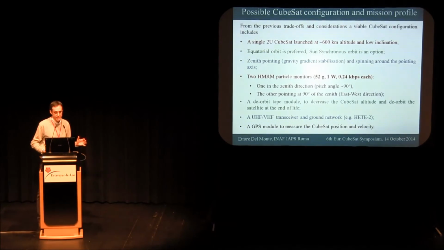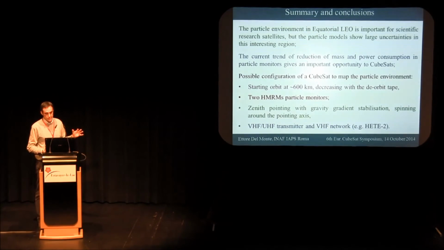We may put one in the zenith direction and the other one at 90 degrees. We can use the tape in order to decrease the altitude and also to deorbit the satellite at the end of life. And a UHF/VHF transceiver and network for downlink and control, and finally a GPS module to measure the position and velocity of the satellite.